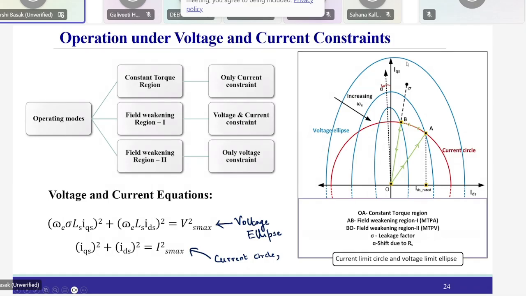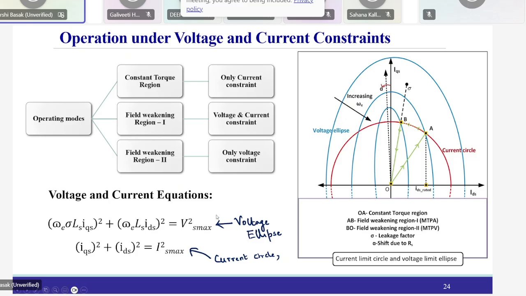This is at lower speeds. At lower speed, the voltage ellipse will have a greater major axis and minor axis, so it will be outside the current circle. And gradually, when the speed increases, it will start shrinking.